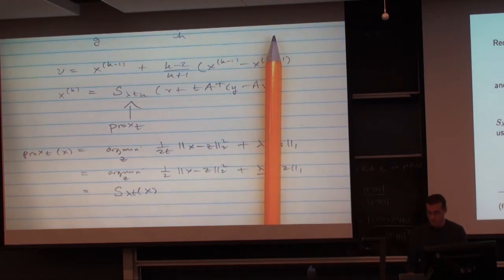Okay, so how does this compare? Actually, first I just wanted to mention, if you happen to read the paper that I'm referring to here, they use FISTA not for this problem, but for any problem that you use acceleration on. So it's a general term they use for any functions g and h, which I find kind of confusing because for an arbitrary h, it's not soft thresholding anymore. It's something different.